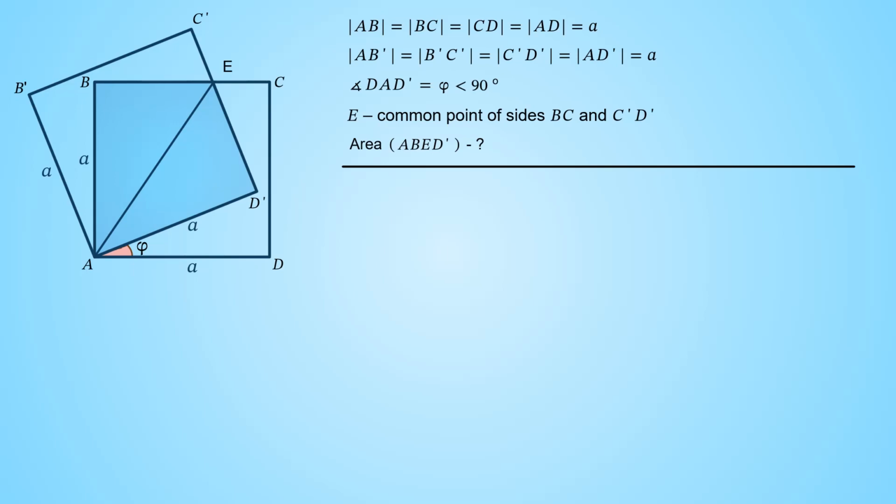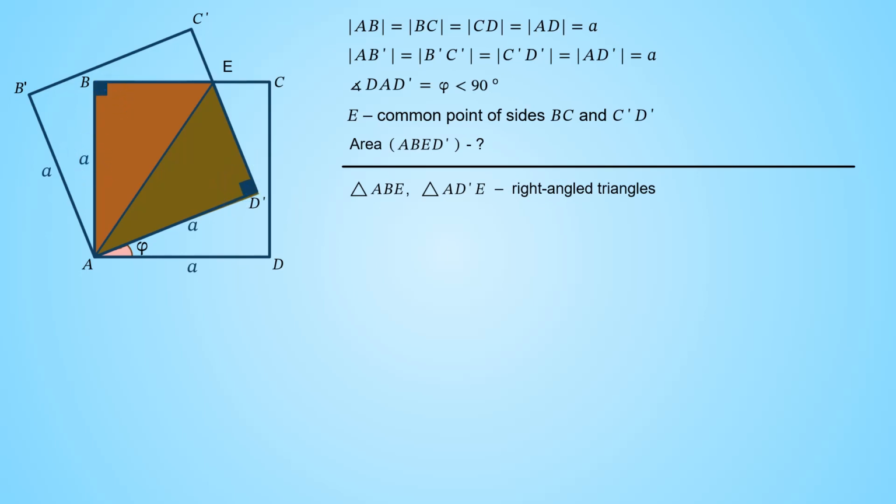This splits the quadrilateral into two triangles, triangle ABE and triangle AD'E. So if we find the area of each triangle, we can find the area of the quadrilateral. Both of the triangles are right-angled triangles with right angles B and D'.